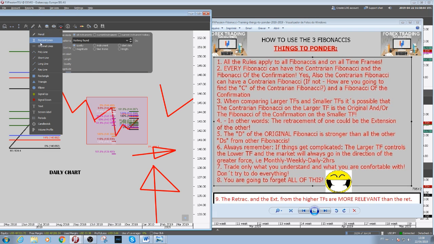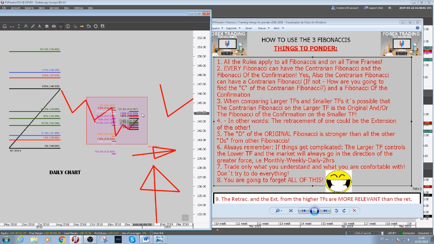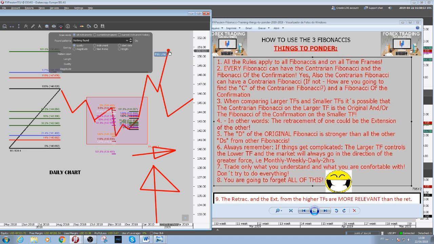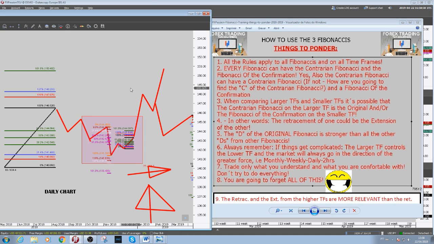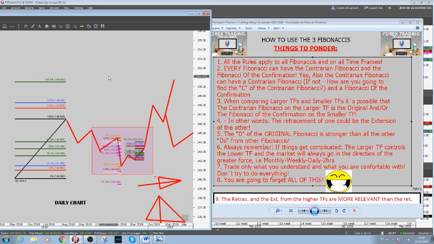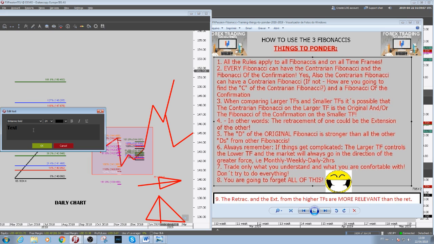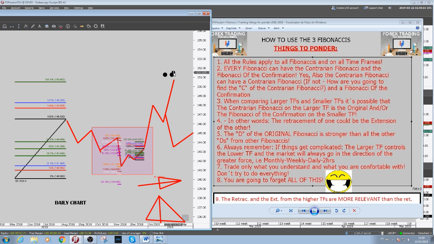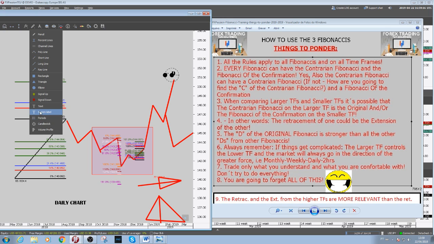Whatever the smaller time frames are doing, when the original Fibonacci hits the D, game over. Okay, so this is the D from the original, the daily chart, this is the D up here, and let's write.